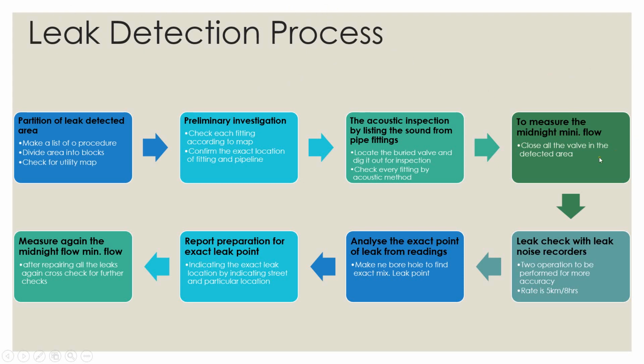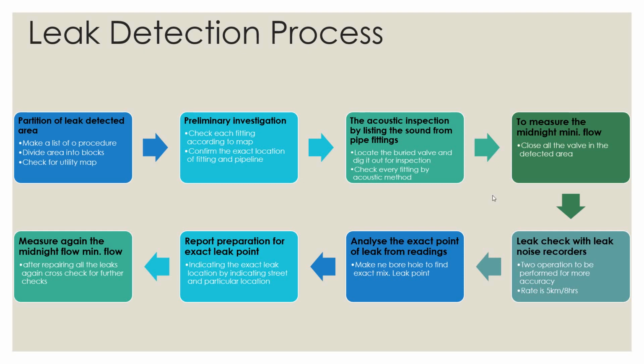Next, the fourth step is to measure the midnight minimum flows. Close all the valves in the detected area. Then go for acoustic inspection again. Take down the flow readings of each and every pipeline in that area. Detect the pipelines which have minimum flow rates by closing the valves in that area.